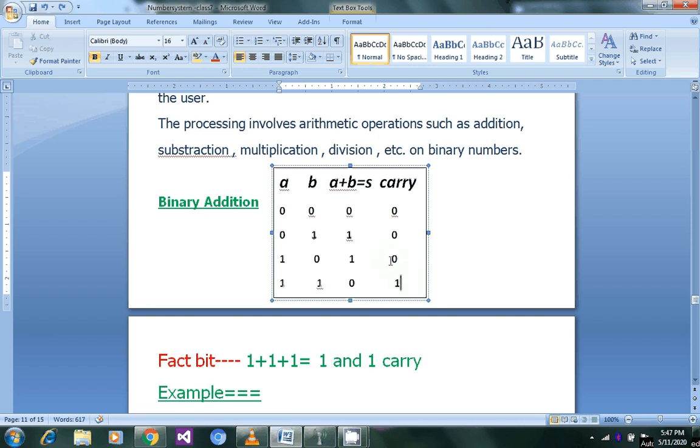So you have to remember this binary addition table: 0 plus 0 gives 0 and carry 0, 0 plus 1 equals 1, 1 plus 0 equals 1, and 1 plus 1 on addition gives 0 and carries 1.